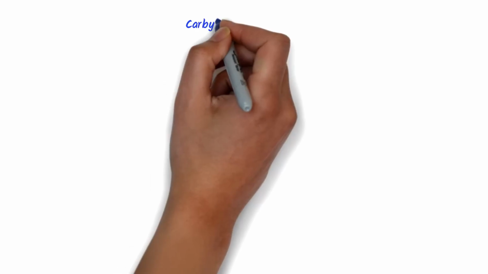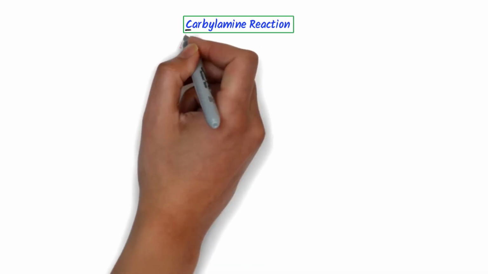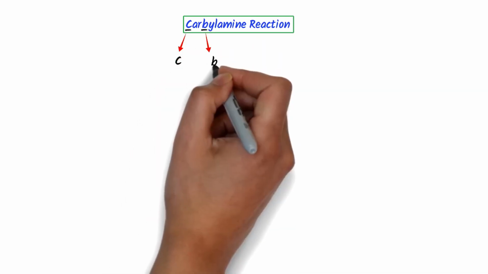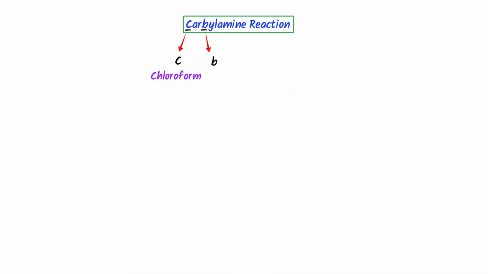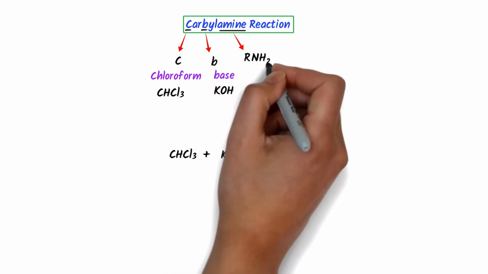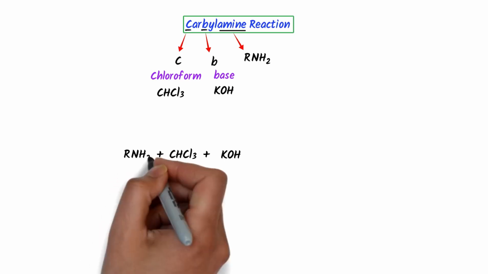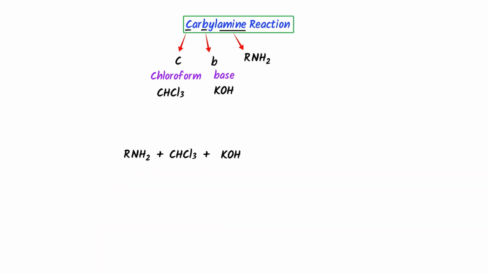Now let me teach you the carbylamine reaction. Well, in carbylamine, I select C and B. This C stands for chloroform. Its formula is CHCl3. This B stands for base like sodium hydroxide. Secondly, I select amine. The formula of amine is RNH2. So these are the reactants of this reaction. Now this will displace this H2.